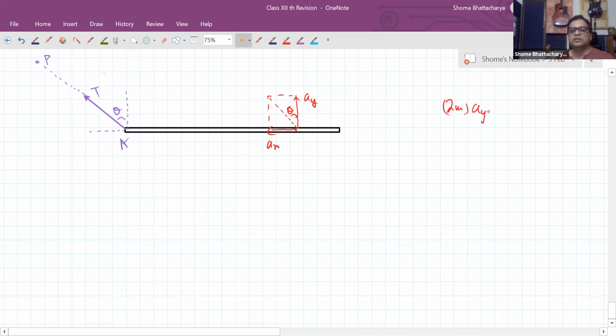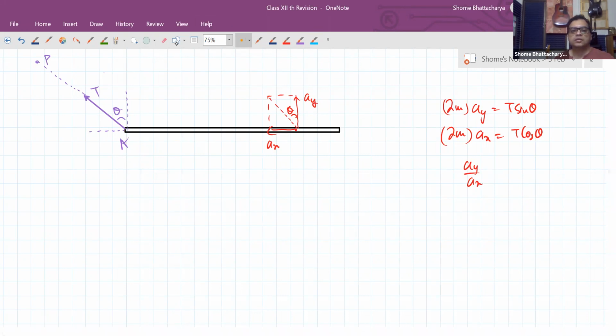Okay. So basically 2m Ay is equal to T sine theta and 2m Ax is equal to T cos theta. So we'll have this relation that Ay by Ax, sorry, it's inverse, cos and sine. This is the angle with the vertical.